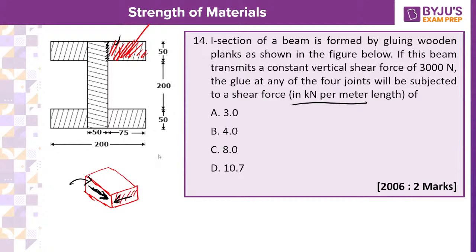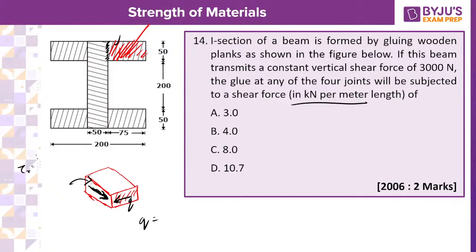Now, what is the formula for shear flow? Shear flow q is nothing but per unit length, isn't it? The shear flow is per unit length. Earlier, what was the shear stress?